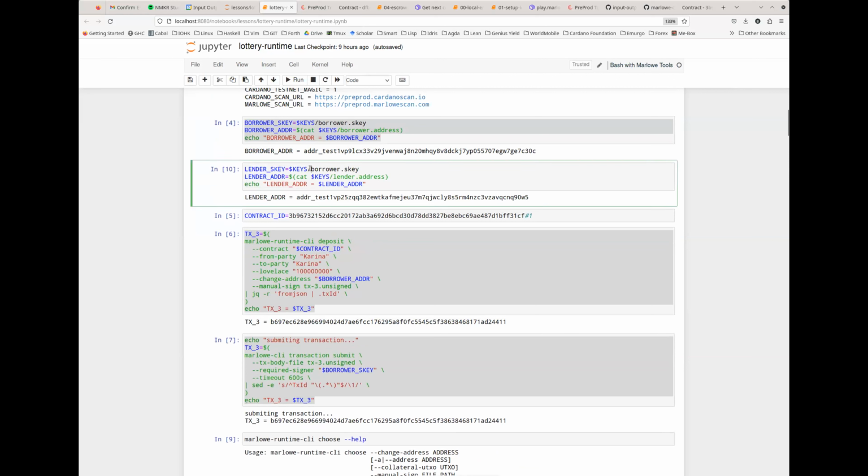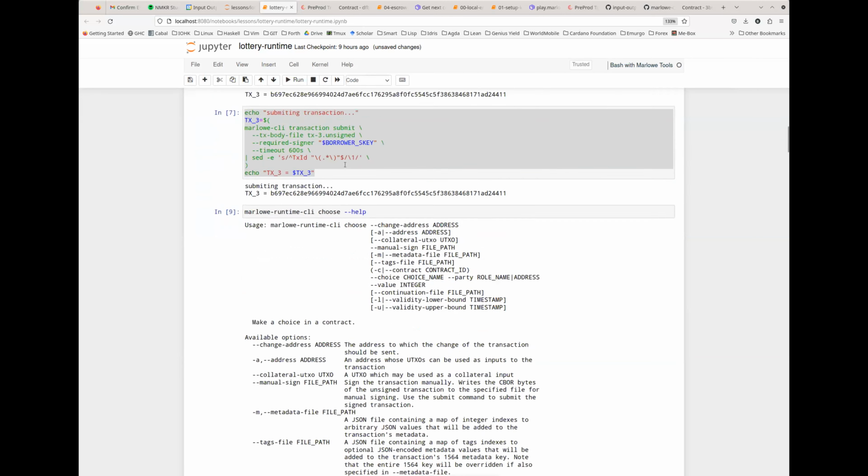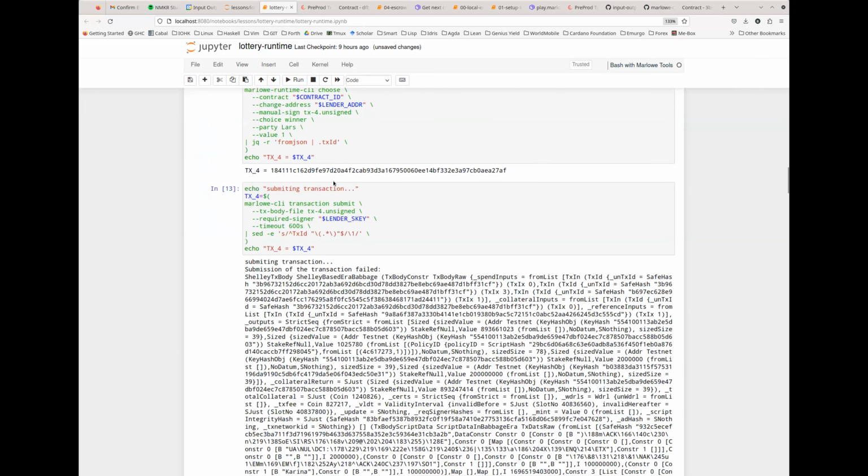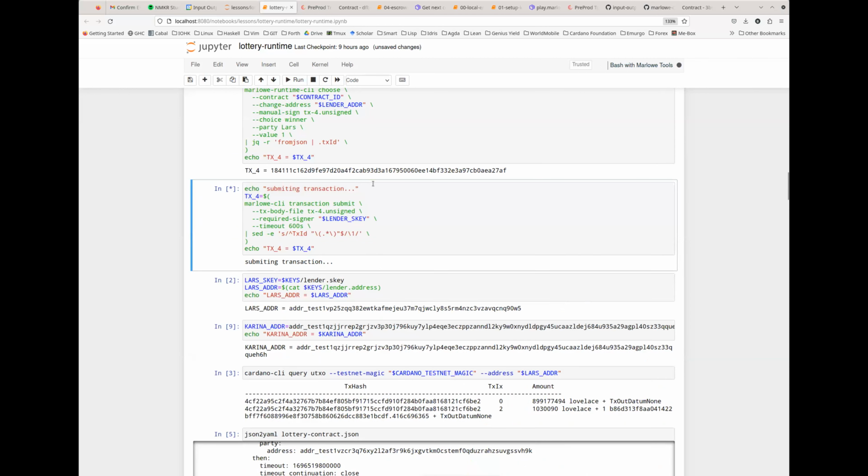Ah, this is it. I made a mistake here when I defined it. I called it lender key, but I used the borrower key. So that explains it. I set this variable wrong. And it works. I tried to sign with the wrong key, with the borrower key, but the NFT sits with the lender.